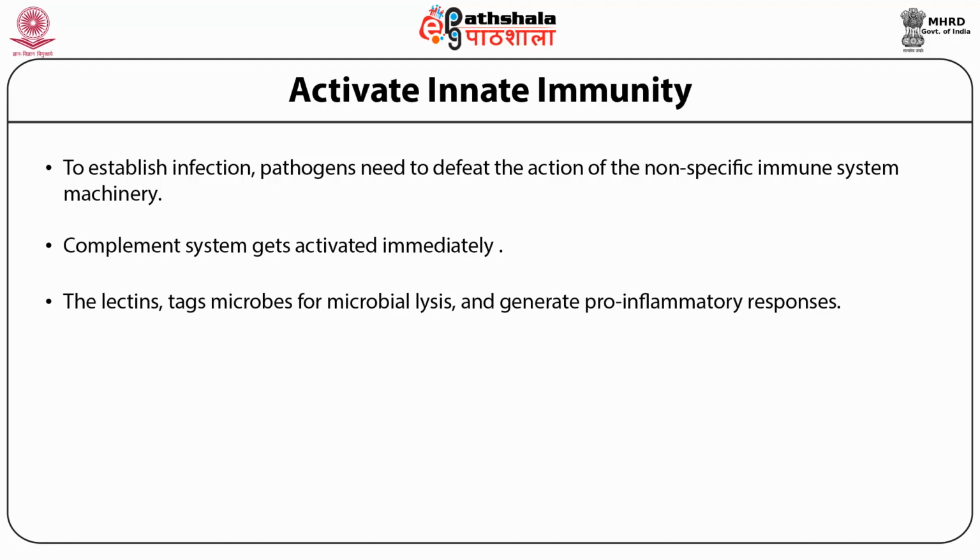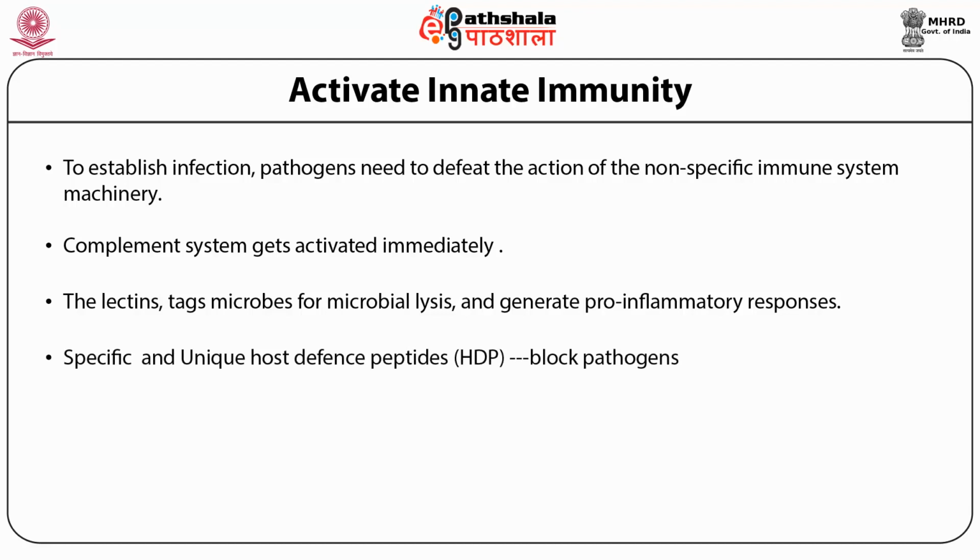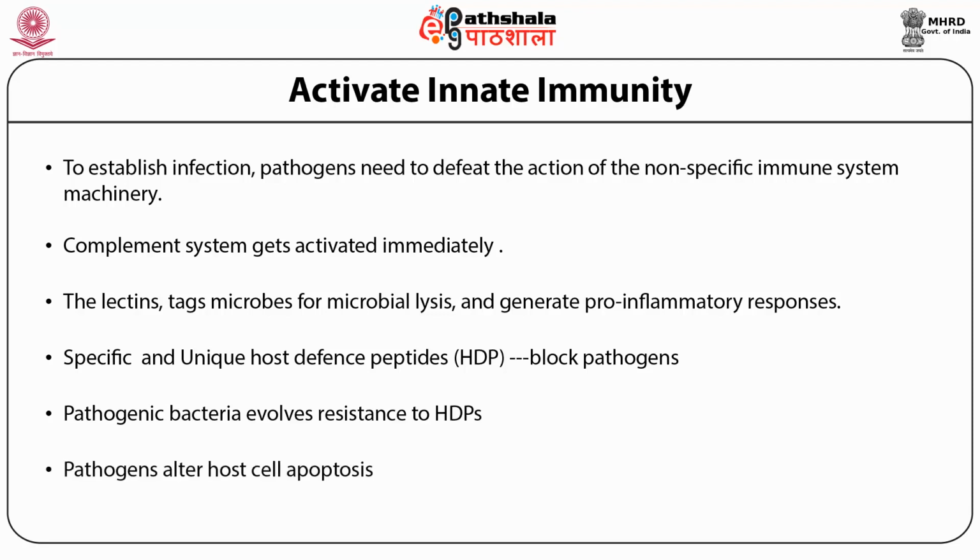However, many bacteria develop strategies to evade even the complement system. Specific and unique host defense peptides are present, and they are blocked by pathogens. Pathogenic bacteria evolve resistance to these host defense peptides present on the host, and these pathogens alter the host cell apoptosis through these host defense peptides.